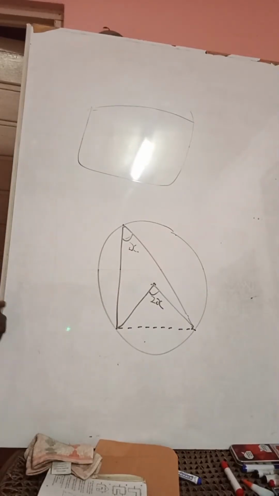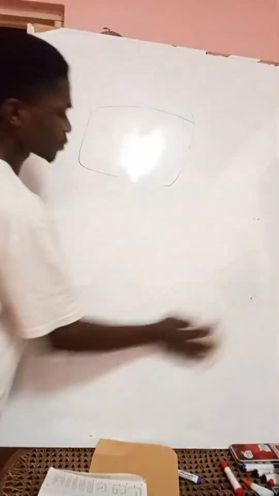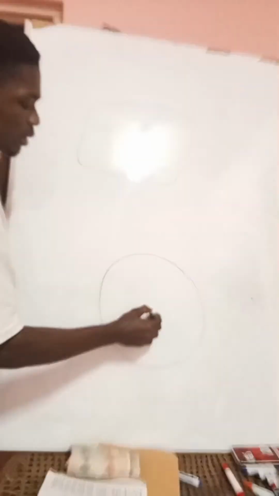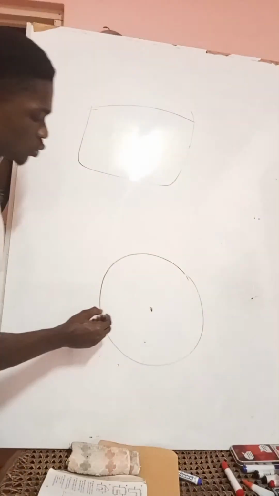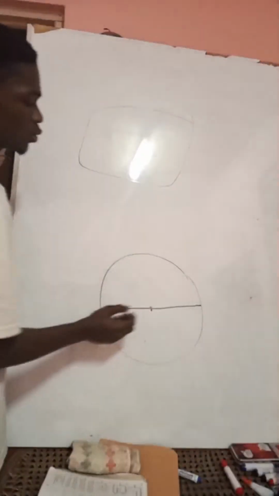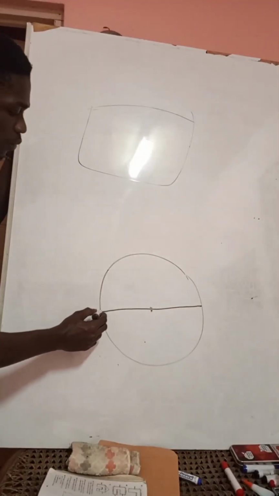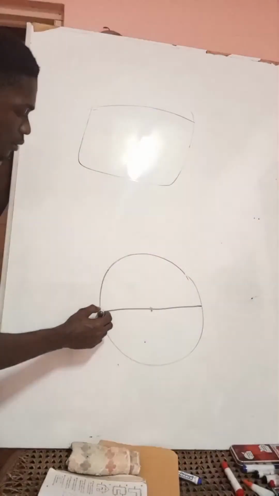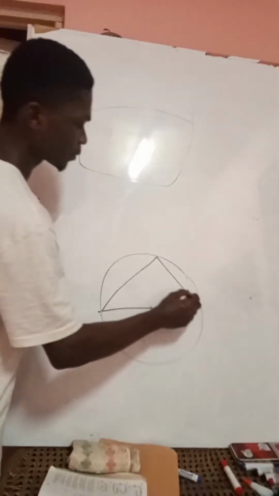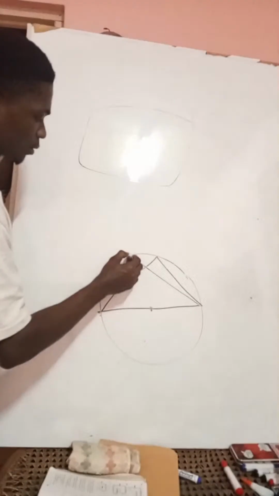And another property that we also talked about is that if you have a circle with the center here, and you have two triangles whereby the base is the diameter. So this one, and this one.